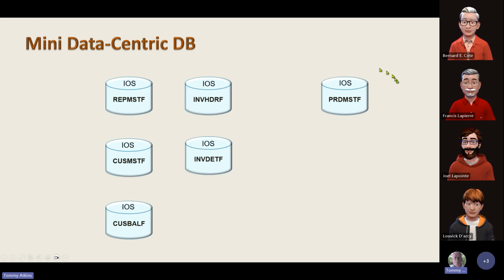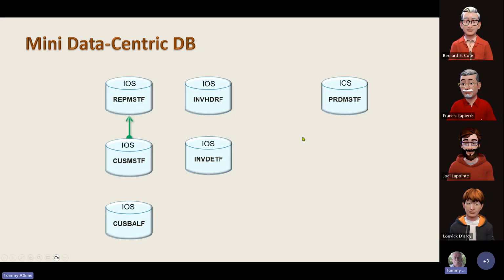And no access is then available on any of these files other than via the I/O server. Now remember, this is an ideal situation. You are not going to do this in one go. You're not going to change your entire database into this in one step. But this is the end result that you would be looking for in the long term.